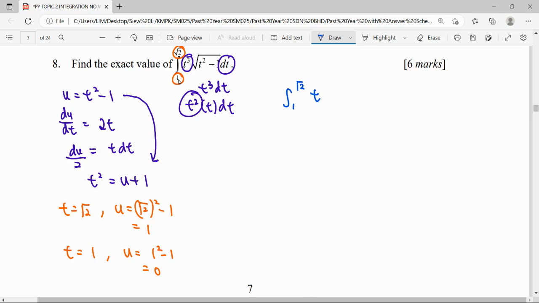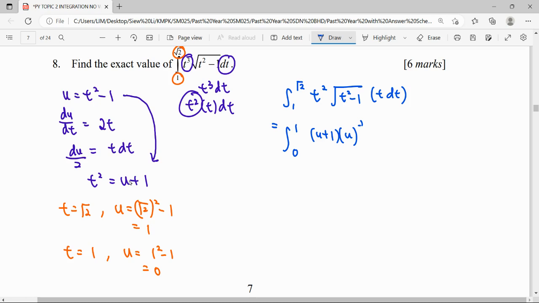So when I rewrite it, for the lower limit, it will be 0. For the upper limit, it will be 1. For t squared, it is supposed to be u plus 1 in terms of u.